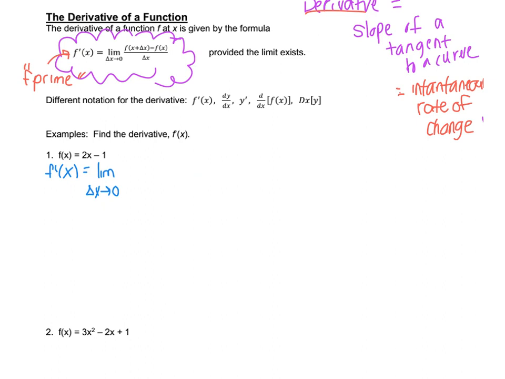Going back to my formula, we are taking the limit as delta x approaches 0 of f of x plus delta x. So I'm taking x plus delta x and directly inserting into my function. So that would be 2 times x plus delta x minus 1. That is this piece of the formula that I'm circling.